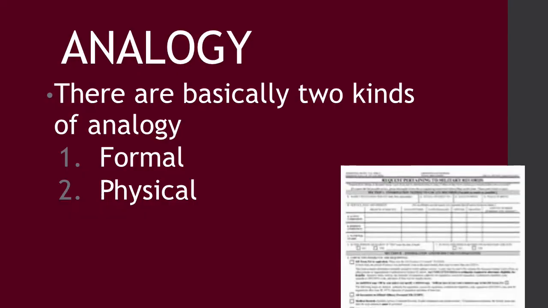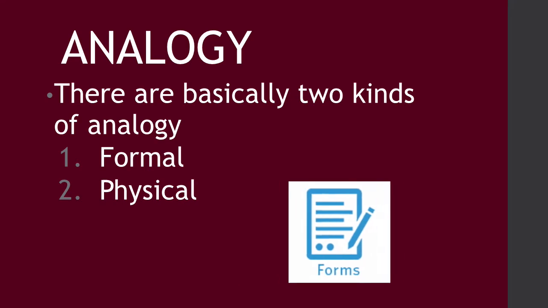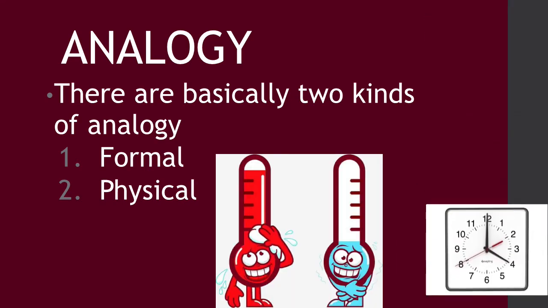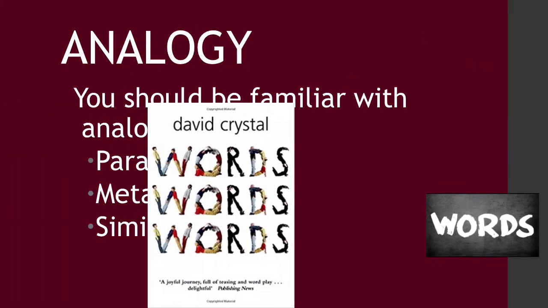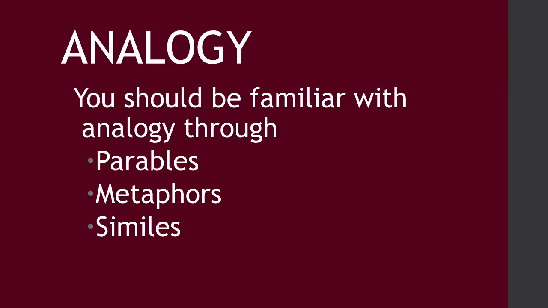There are two categories of analogy. There are formal analogies and physical analogies. Let's talk about formal analogies. Formal analogies are simply those presented in words alone. In fiction, formal analogies are often referred to as similes and metaphors. Formal analogies are what most people think of when we talk about analogies.